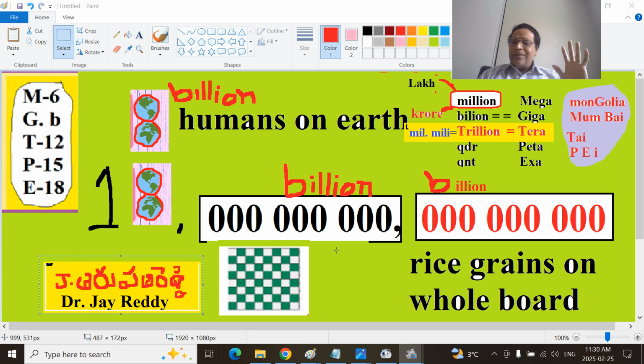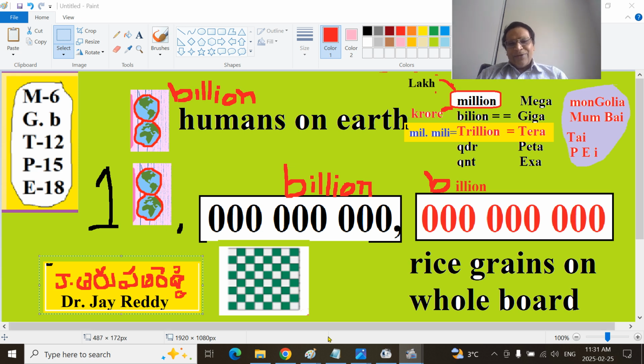So why I have brought this point is just to remember it takes around 31 years or so to put 1 billion grains, that is the giga grains, on the board. It takes 33 years of your life. We are talking about billion, that is 18 times. So you can comprehend it.